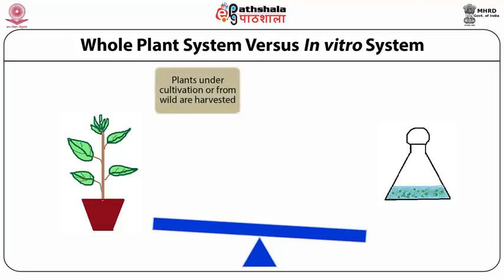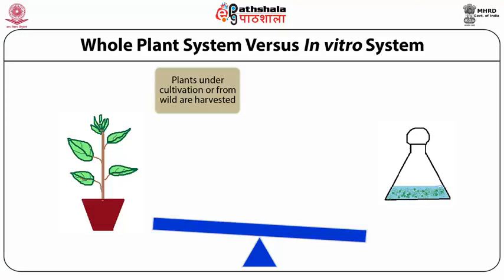Now, this is a problem, because if we are growing the plants in the field, we would be using land which is otherwise used for producing food, for production of secondary metabolites. And as we have to feed a large population, it would not be a viable option. If we are harvesting the plants from the wild, the perpetual harvesting would lead to their extinction.